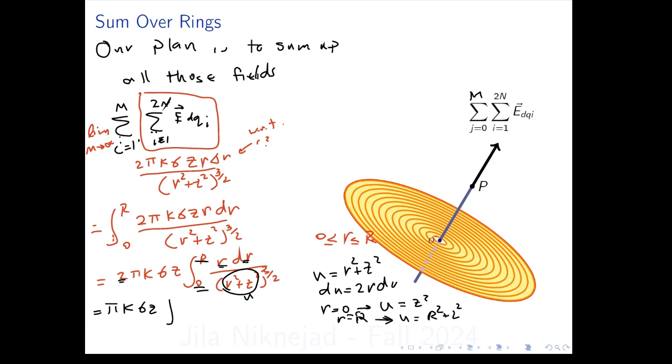The resulting integral is the integral from z squared to capital R squared plus z squared of the integrand pi k z sigma du over u to the power 3 halves. After taking the integral, we end up with 2 pi k sigma times 1 minus z over the square root of R squared plus z squared.